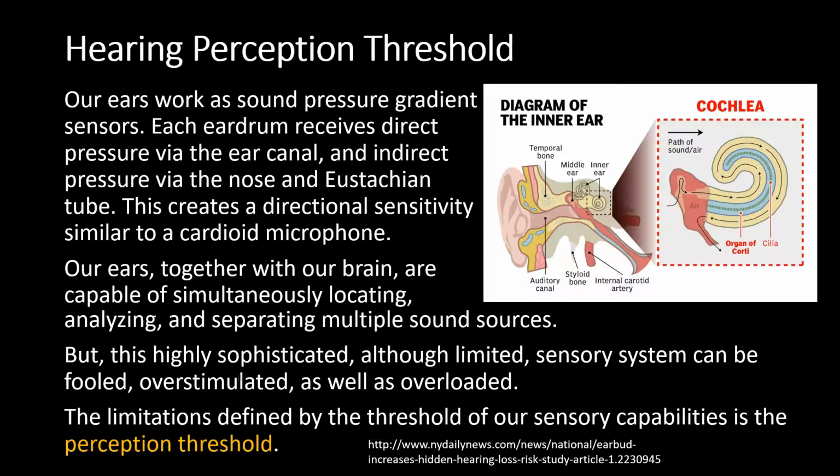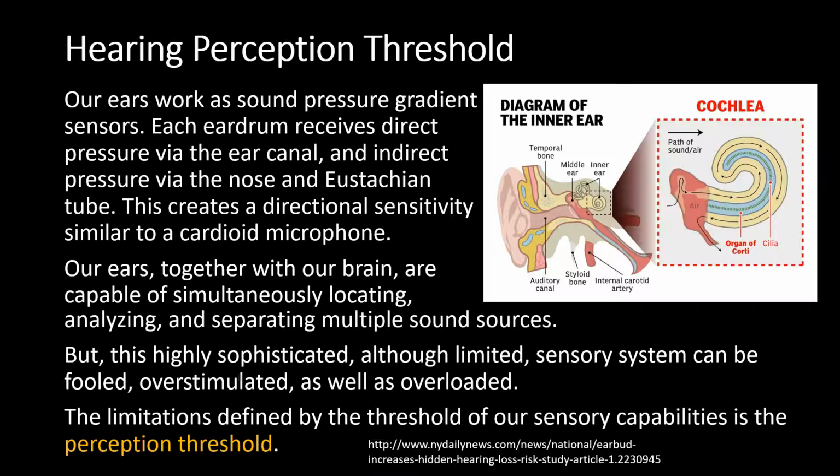Our ears, the way they work, is very similar to a cardioid mic pattern, and we haven't really talked about cardioid yet, but each ear tends to reject more of the sound coming from the other side of our head, obviously because our head's in the way. And our ears, together with our brain, are capable of simultaneously locating, analyzing, and separating multiple sound sources.